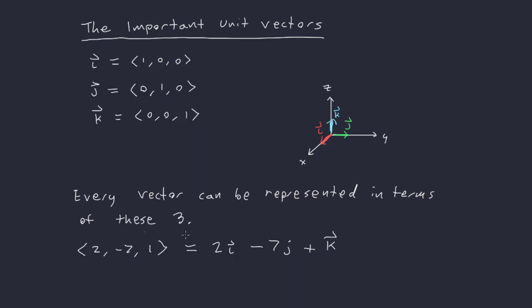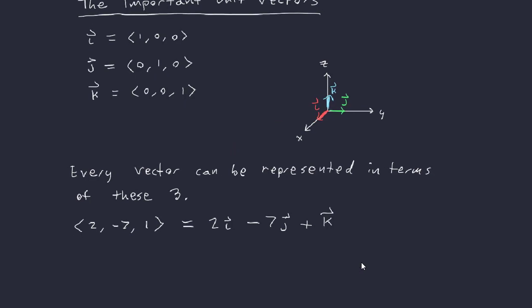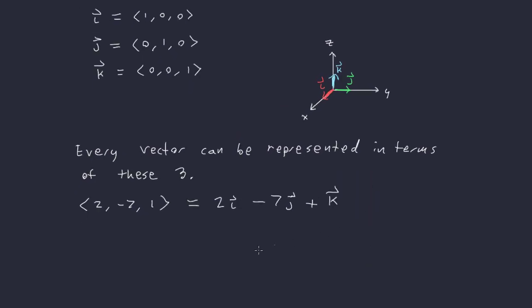So all vectors can be represented in terms of i, j, and k. Let me make sure I have an arrow there, instead of in bracket notation. Now, you might wonder why in the world we would ever want to do that, and are we sure about that? Well, let me show you why it works.